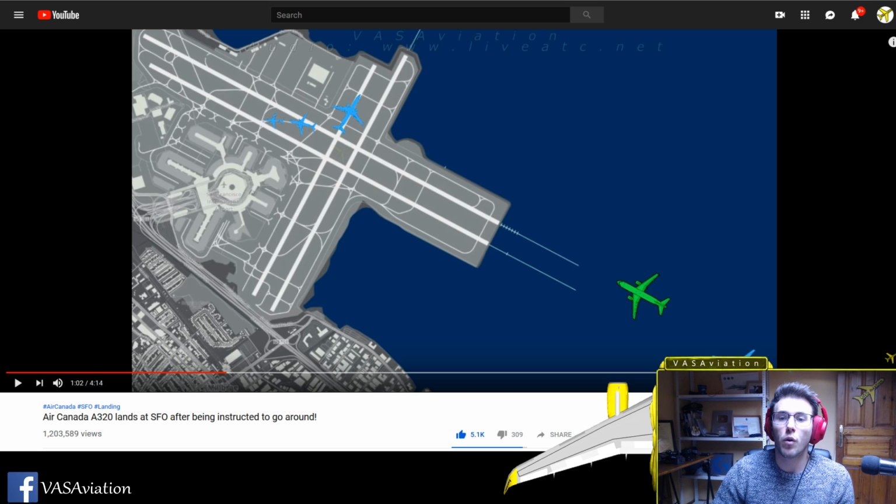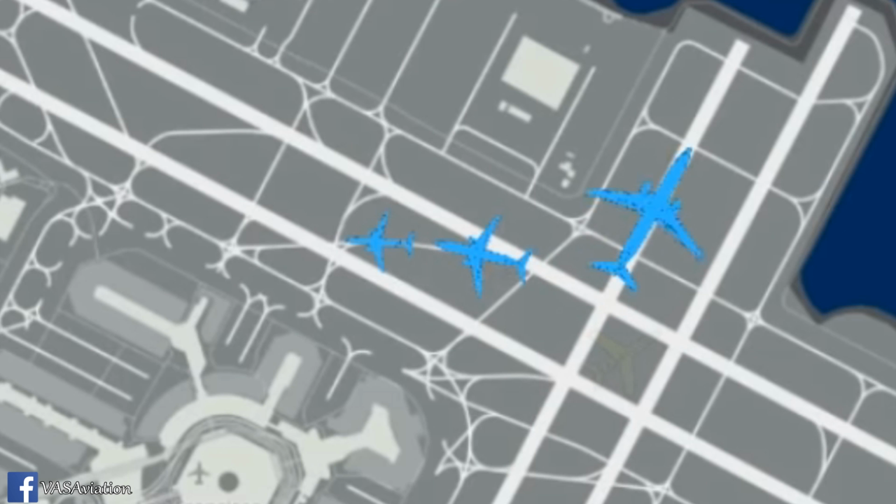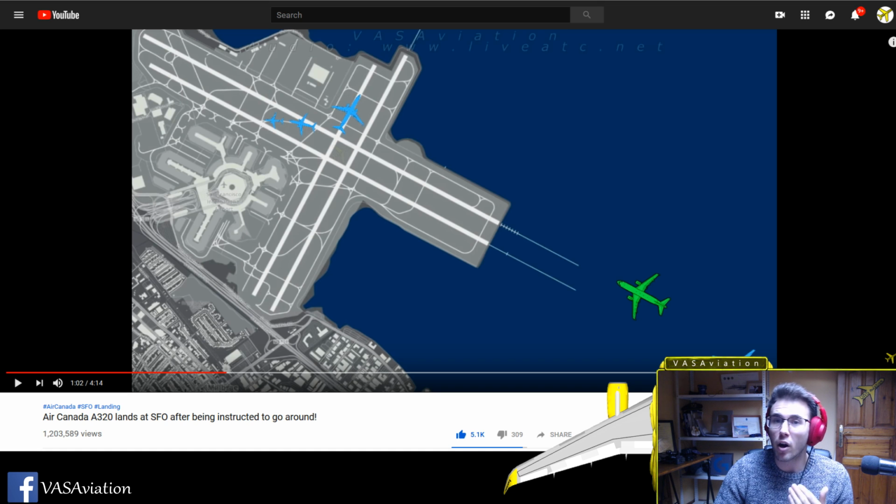So this is the first go-around call for Air Canada 781. Apparently the controller wants to hold those 2 airplanes until the inbound for 28 left has landed. This means part of the Southwest 3117's fuselage is probably inside of the runway 28 right limits.